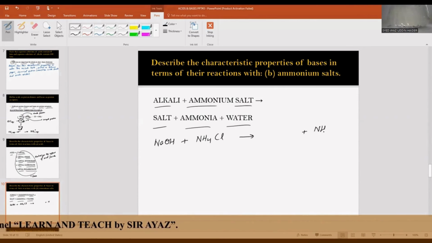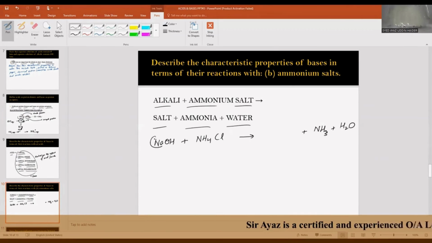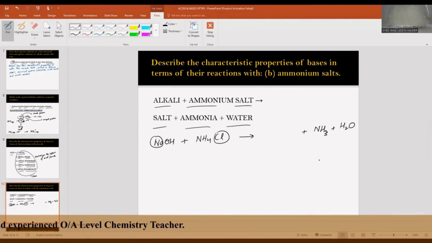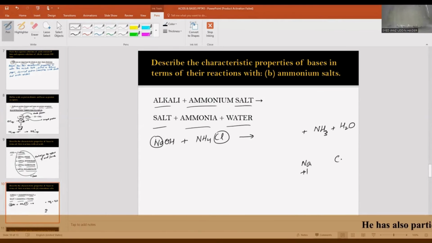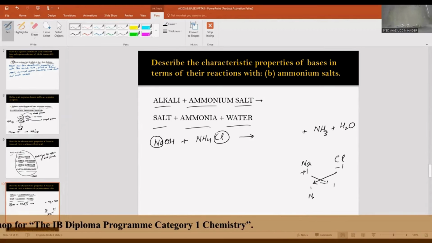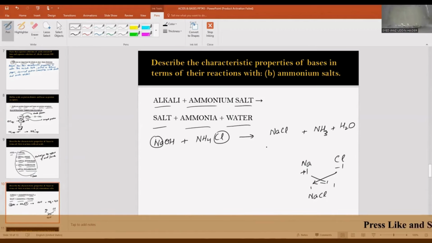The formula of ammonia is NH3. H2O is the formula for water. The salt will be between sodium and chloride ion. You can predict the formula. Sodium belongs to group 1, +1 is the charge. Chloride belongs to group 7, -1 is the charge. So the formula will be NaCl. The name of the salt is sodium chloride.